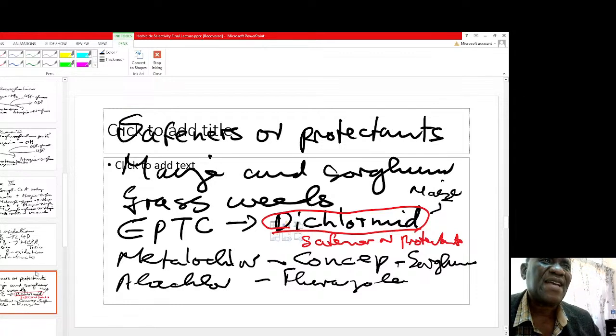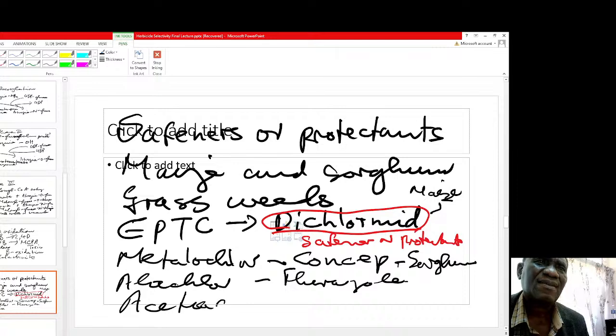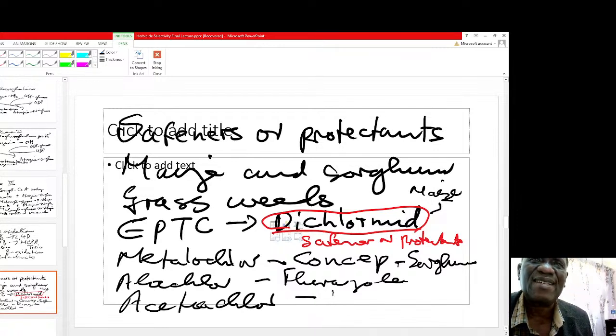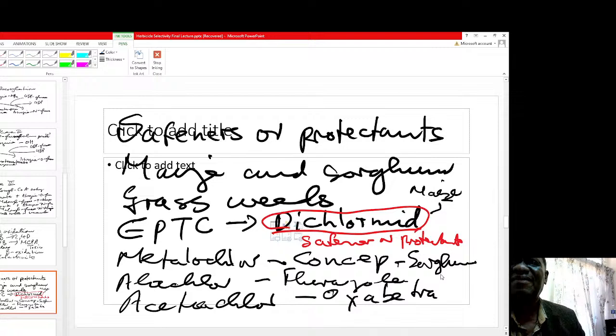We also have acetochlor, a grass killer with this safener oxabetrinil.